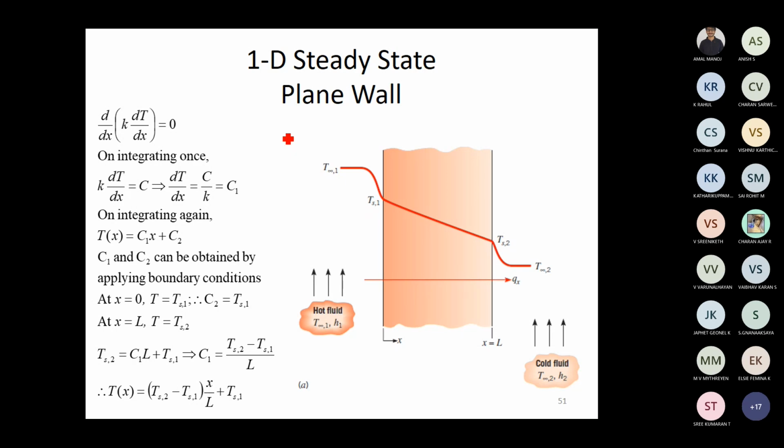Now we know that the sun rises in the east, and therefore that particular wall will be subject to the early solar radiation up to 12 o'clock. Then the sun shifts to the west side. So if that room also has a west side wall, then the radiation will be mostly on the west side wall. So these particular walls are subjected to constant heat radiation, constant heat flux from the solar radiation.